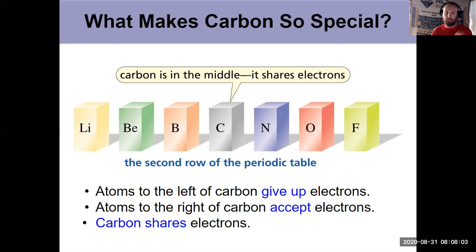It doesn't readily give up electrons like things in group 1 or 2, and it doesn't necessarily readily take up electrons either, like group 17 or 16. Carbon likes to share electrons. It forms covalent bonds really well. So it gives it this unique field of study. Okay, it's in the middle, it shares, forms 4 bonds.